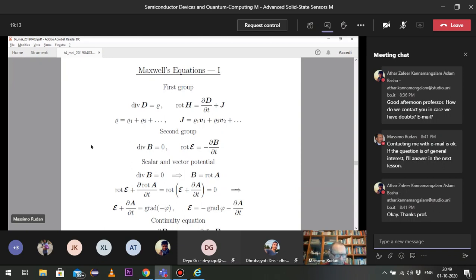And phi is the scalar potential or electric potential.